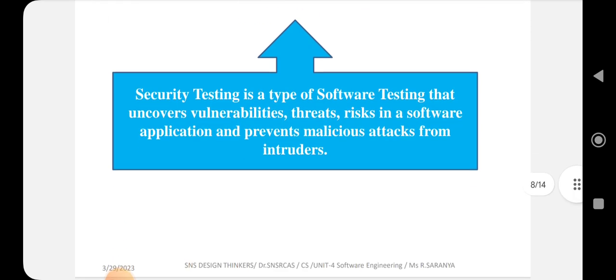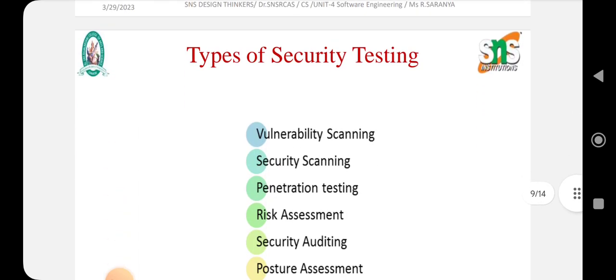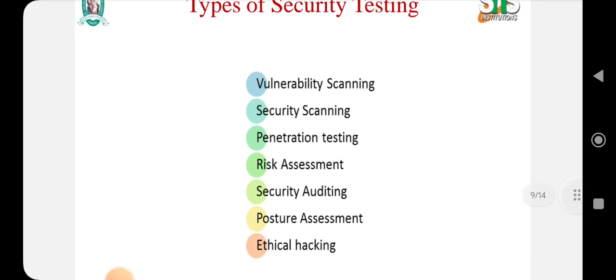For that reason, we implement security testing. We have different types of security testing: vulnerability scanning, security scanning, penetration testing, risk assessment, security auditing, posture assessment, and ethical hacking. These are the security testing techniques used to evaluate the risky tasks in a new creation.